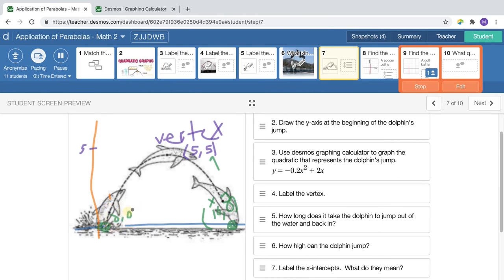At (0, 0), the first 0 is for X, which is time, right? So no time has gone by, and then Y is the height, and he is not any feet above the water. This is where he starts, and this is where he ends. That is also what that means.